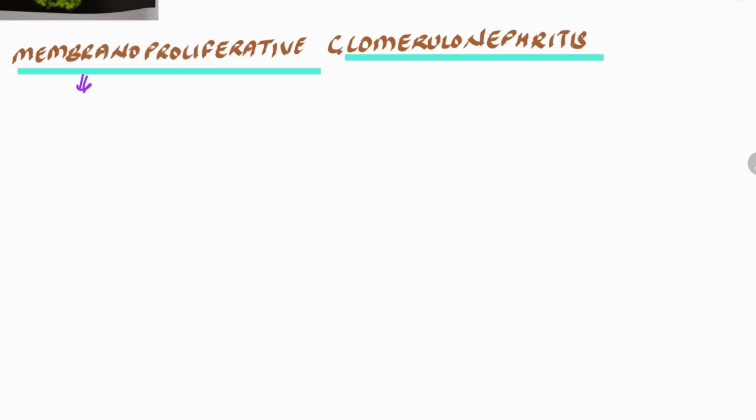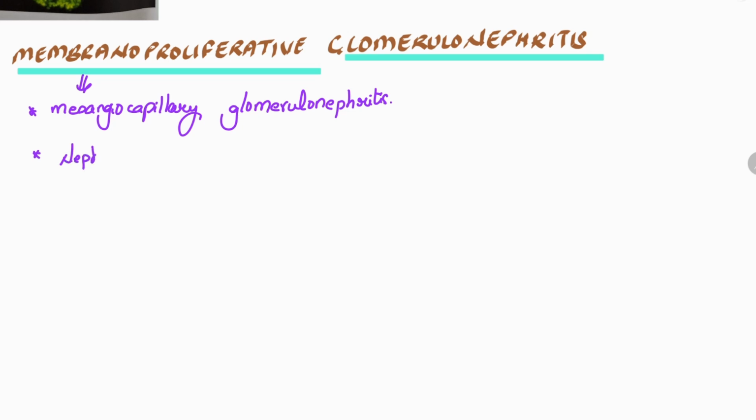This disease is also called as mesangiocapillary glomerulonephritis. Okay. So this disease shows both nephritic syndrome and nephrotic syndrome, but nephrotic is the major one. So all the features of the nephrotic syndrome you can observe here.